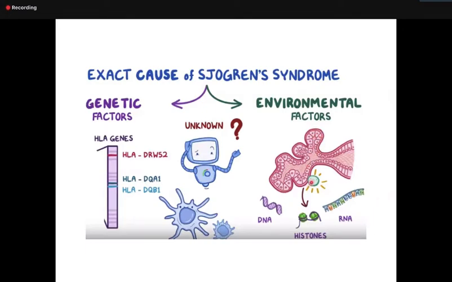As a result, they expose new antigens from DNA, from histones, from RNA to the lymphocytes. And lymphocytes take them as foreign and they react against them. So self-tolerance is lost in those persons. So an immune response works against the body's own cells. But the exact cause is unknown.